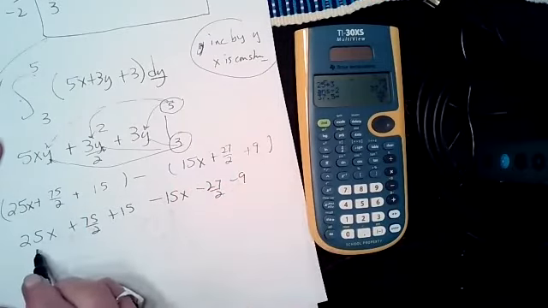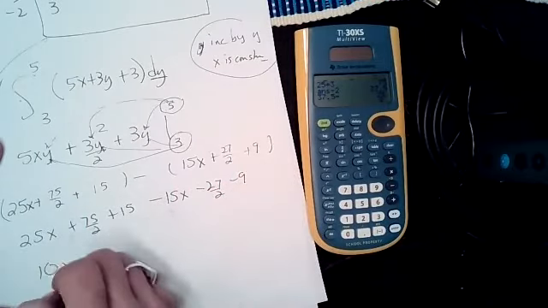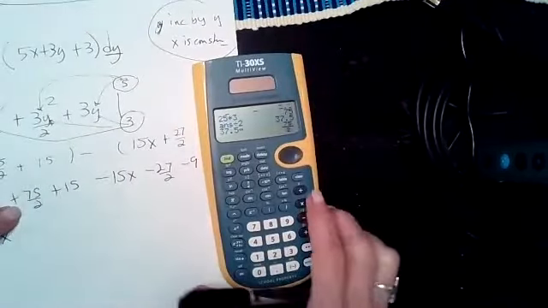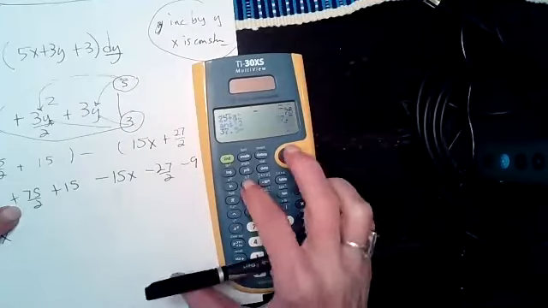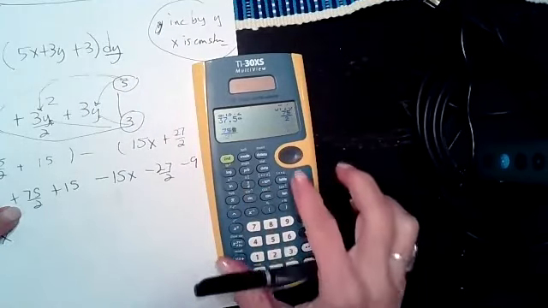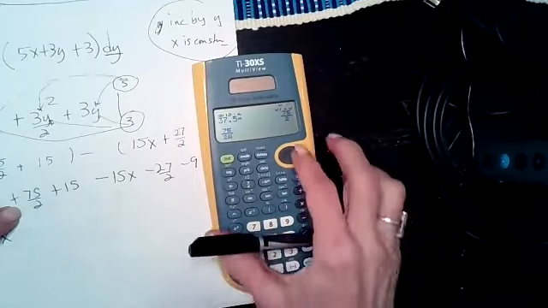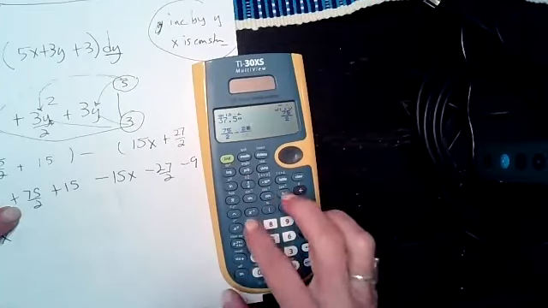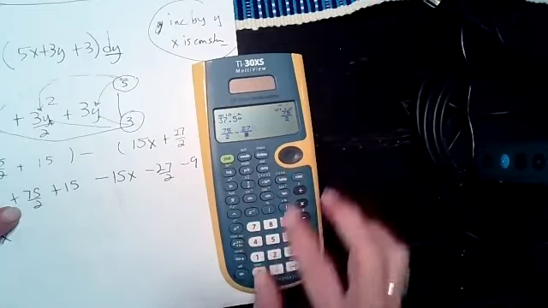So 25 minus 15, I know that's going to give me 10x. So what is 75 over 2 minus 27 over 2? I do the numerator over denominator. You don't have to. 75 over 2 minus 27 over 2. Wouldn't it be nice if we got a whole number?